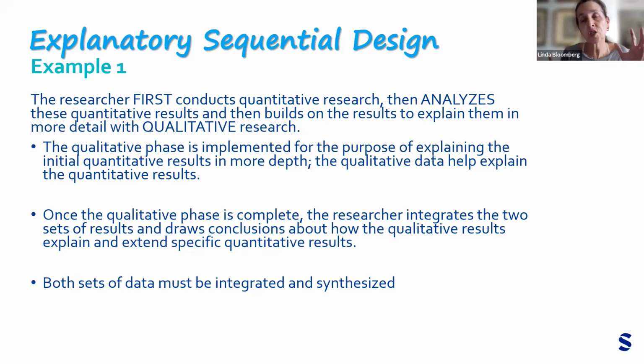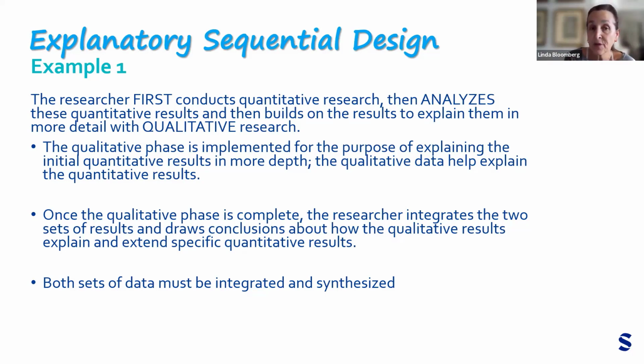So you see that it's not just conducting two separate phases, but you have to use them in conjunction with each other to help support each other. The main goal, it's not like you're doing a qualitative study and a quantitative study. It's one study, but your purpose is to integrate those results with the qualitative explaining the quantitative or vice versa.